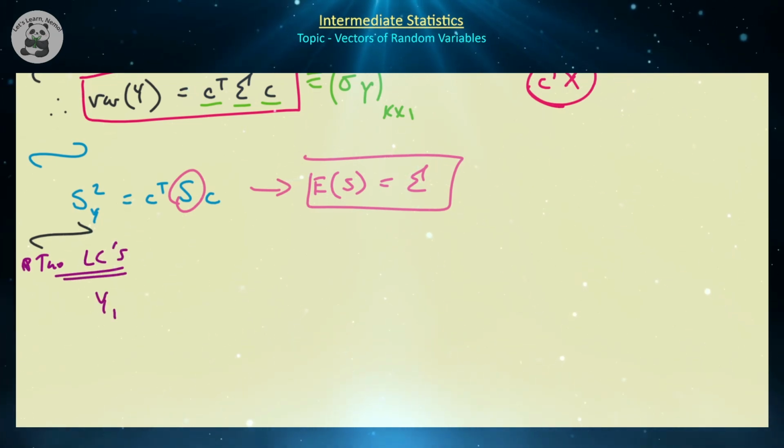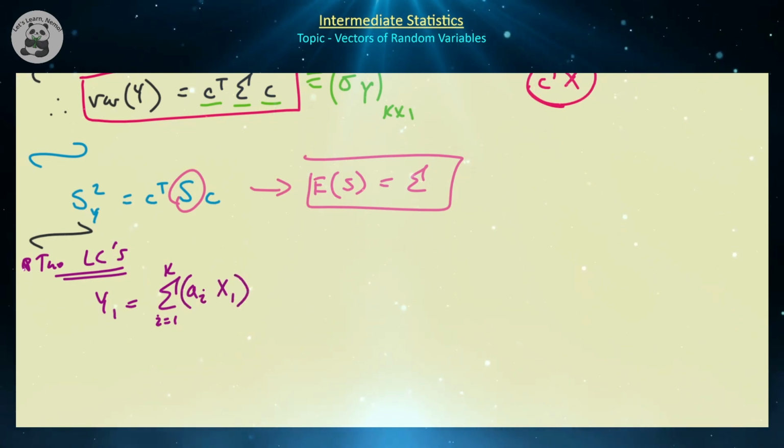Let's assume that y1 is just going to be the sum from i equals 1 to k of ai xi. So that's our first linear combination, which obviously can be represented as a transpose x, once you define a to be the vector with a1, a2 down to ak.